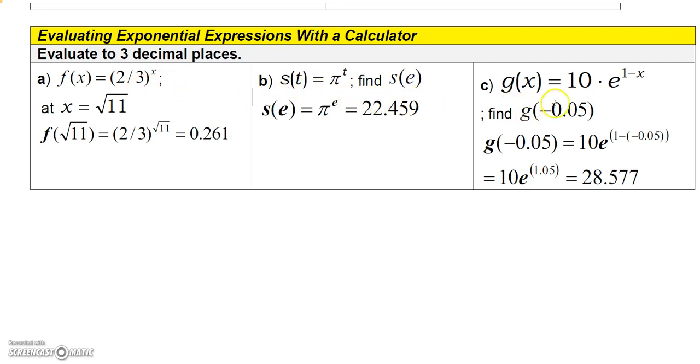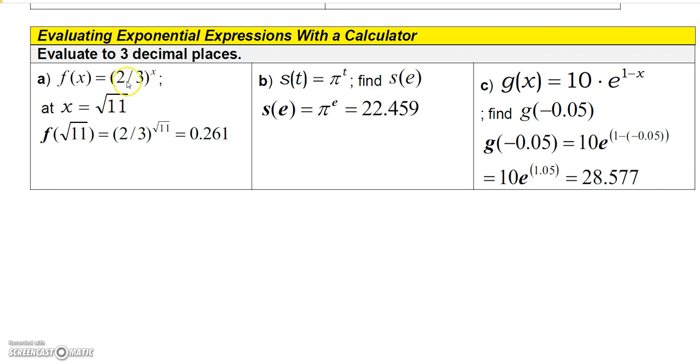You can do these on your own and just make sure that you know how to evaluate exponential functions on your calculator. Now remember, the domain of an exponential function is all real numbers, so I should be able to evaluate an exponential function at any real number.